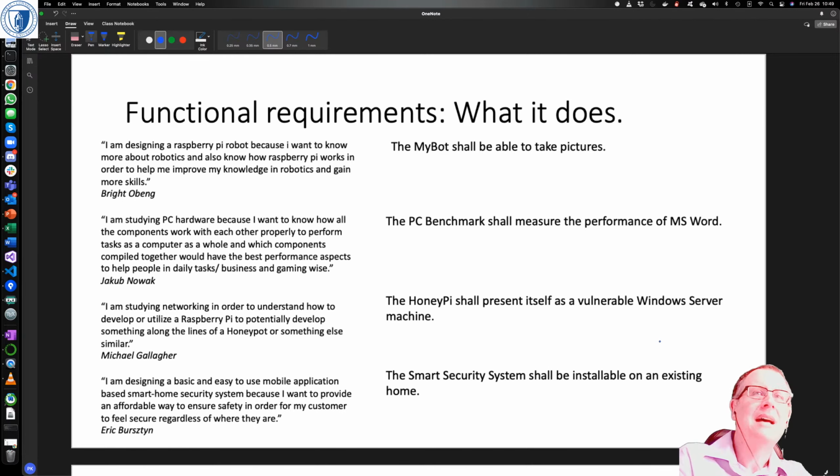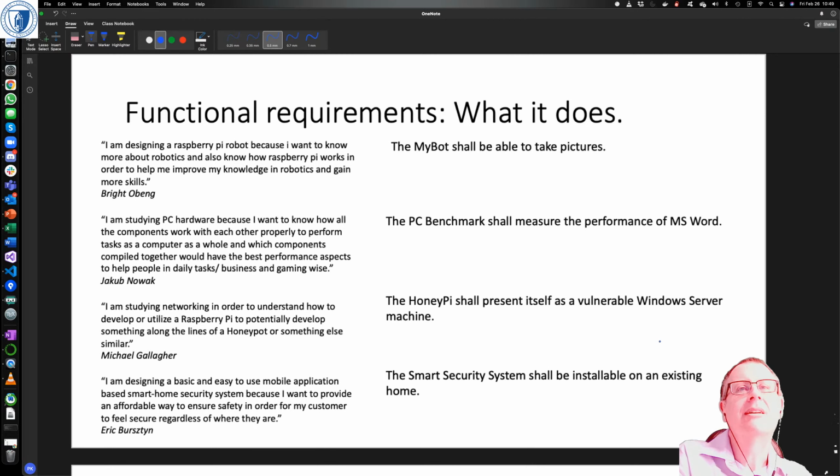And then Jacob had a PC benchmarking thing, so the PC benchmark shall measure the performance of Microsoft Word. I don't know whether that's one thing he wants to do, but if you're benchmarking how a computer works, it's something maybe you want to know about. And then Michael, the Honeypot shall present itself as a vulnerable Windows Server machine. I don't know whether it will, but I didn't have enough detail when I wrote this, so I thought, well, let's see what it's going to do.